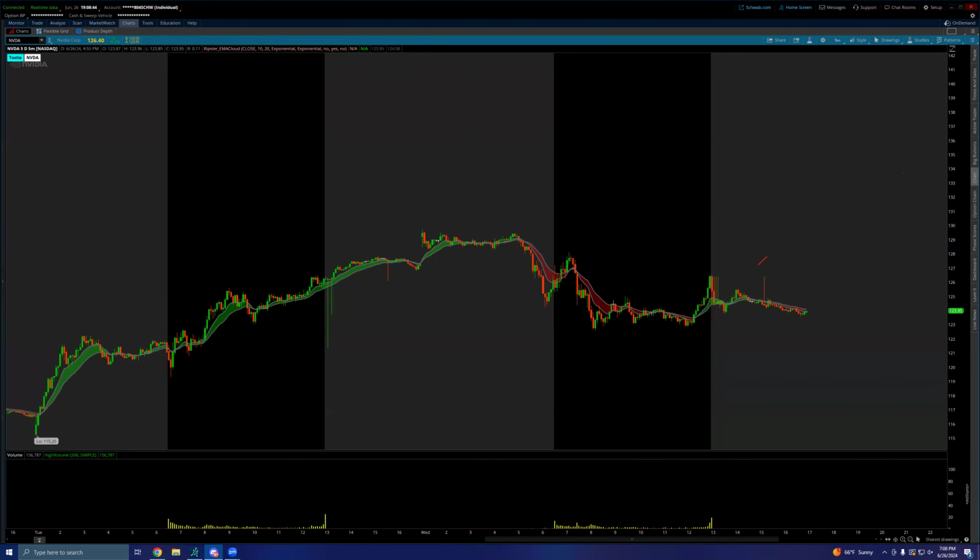So I'd just be real careful and watch for that 123 level. But obviously, trading through earnings, this is what happens, right? Even when you're trading the sympathy plays, this sort of thing happens. So if you weren't prepared for it this time, just know nothing's ever guaranteed. And this is a great example of that.